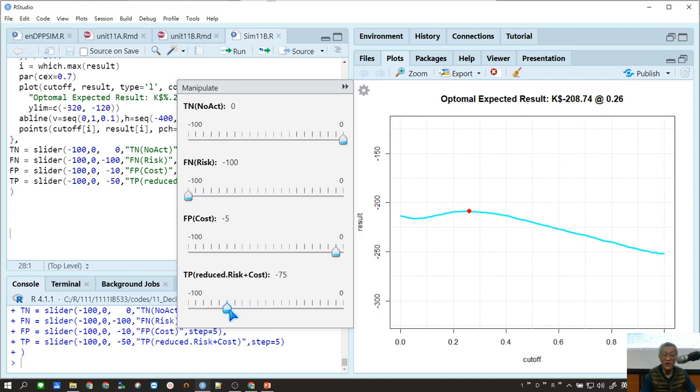Yeah, it should be 75, right? So this is 575, and if we are using this treatment, the cutoff should be 0.26, and the expected payoff is 217.56, right? Okay. So I want you to run the simulation for each of these cases.